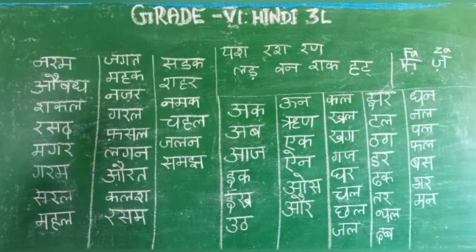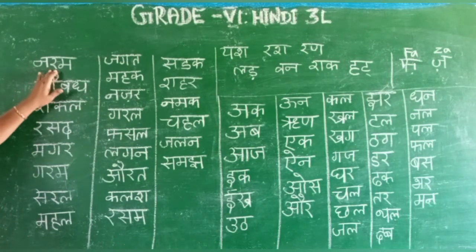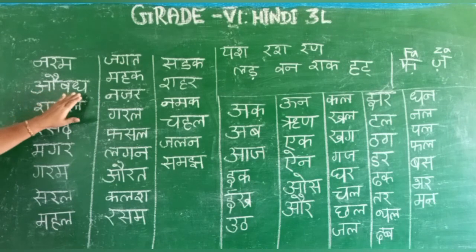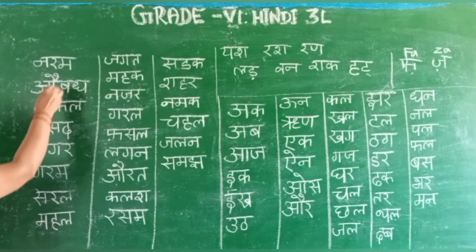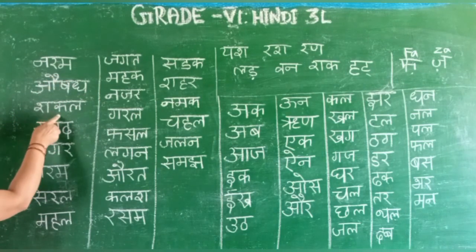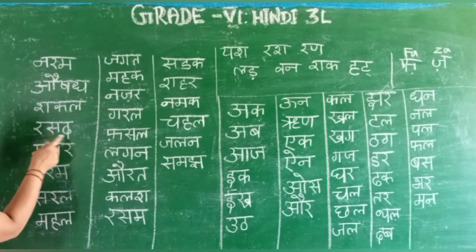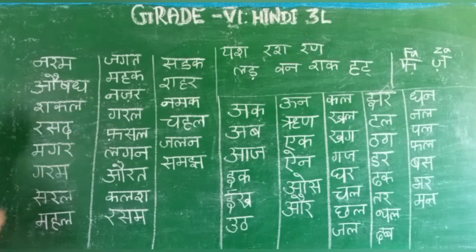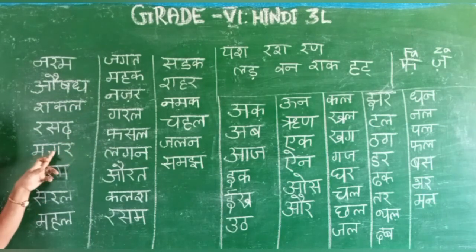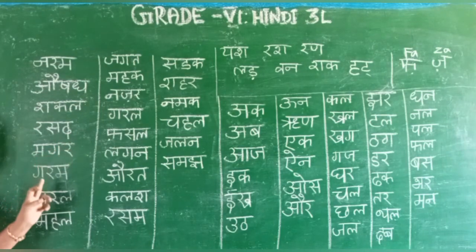Now once again I give a reading practice. You listen very carefully. Na, ra, ma, naram. Au, sha, da, aushad. Sha, ka, la, shakal. Ra, sa, da, rasad. Ma, ga, ra, magar.